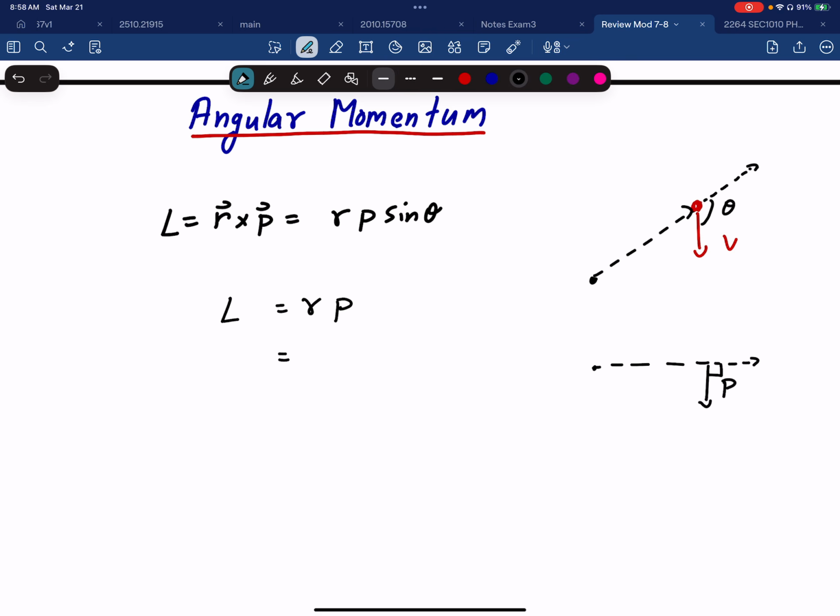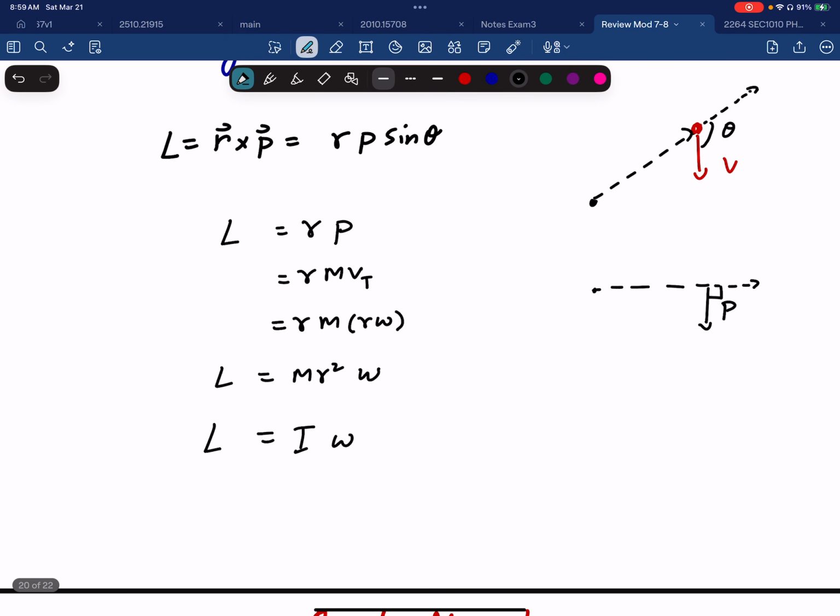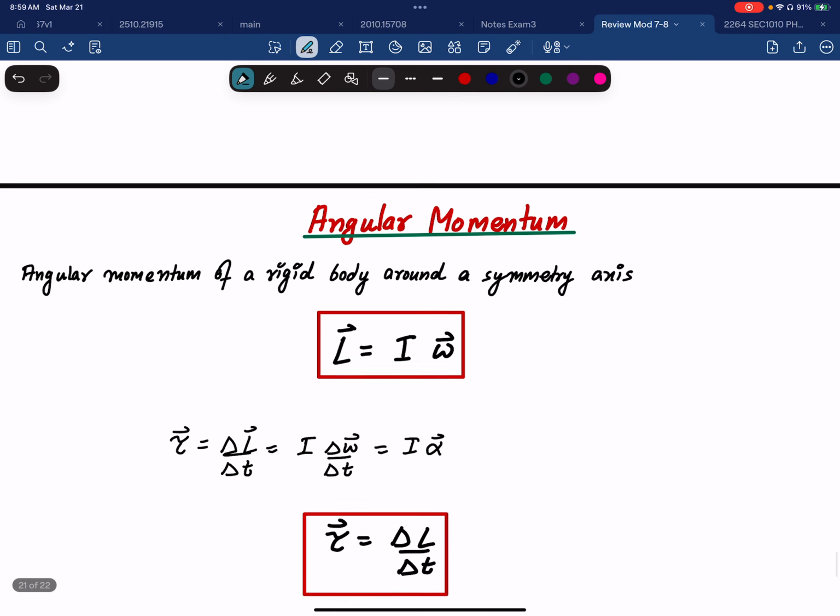So this is the tangential velocity, because we know m v t, and the expression of v t is r omega. So this is m r squared omega. This actually gives us the angular momentum in terms of the moment of inertia and angular velocity, and which is this.